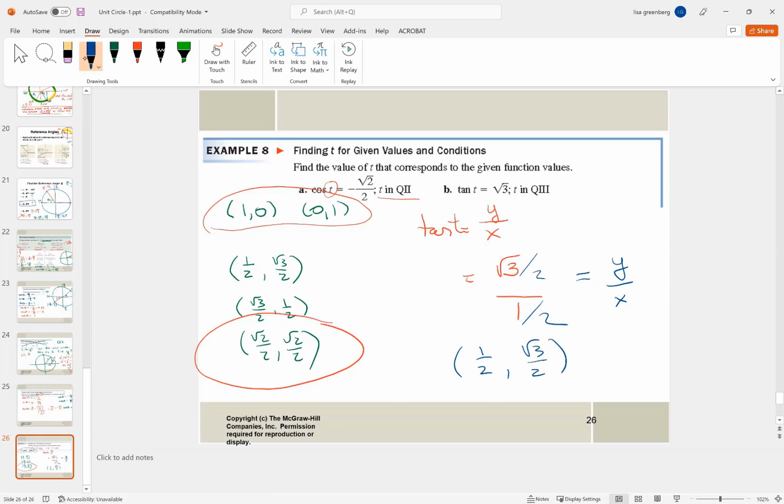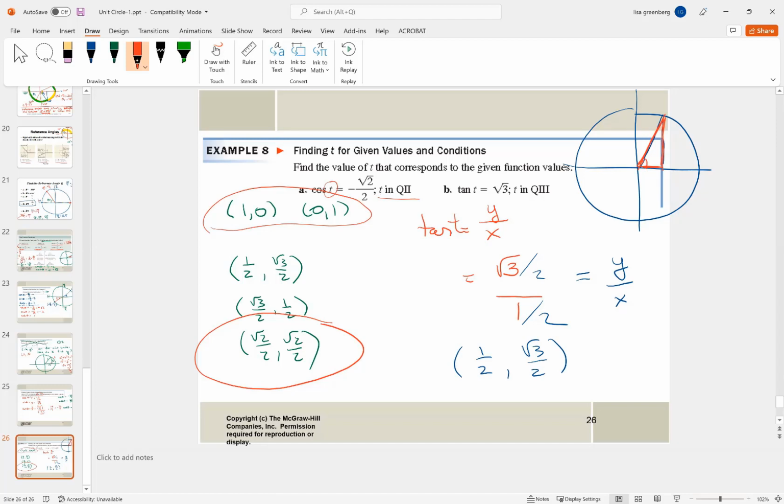And if I draw a circle, here my x value is smaller than my y value, which means it's got to be this taller angle in quadrant 1. Because the length of the x side of the triangle has to be smaller than the length of the y value.